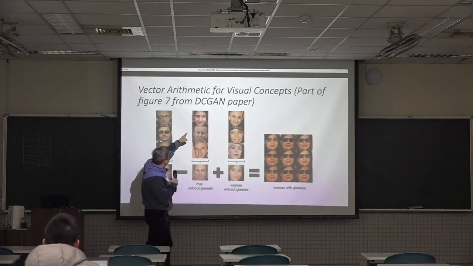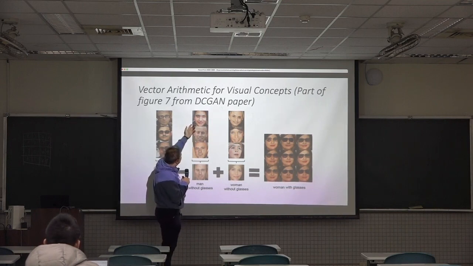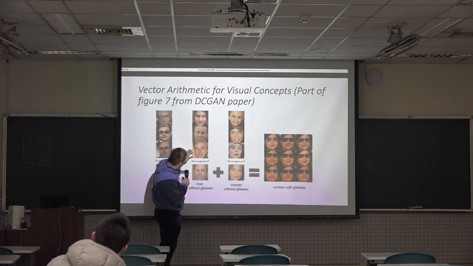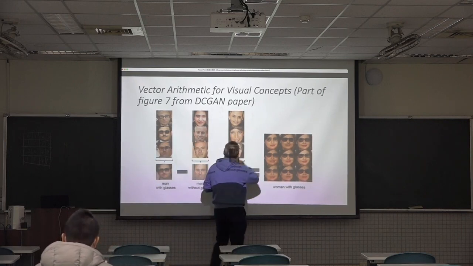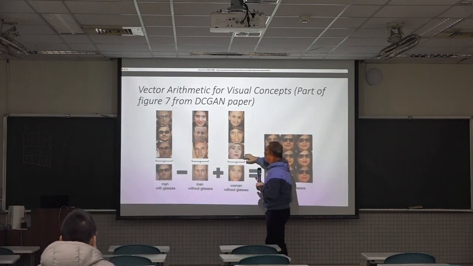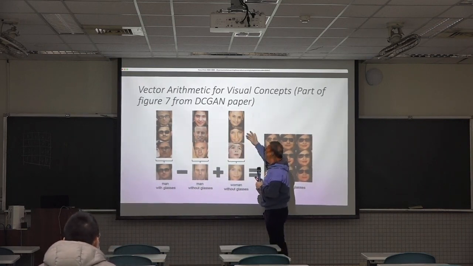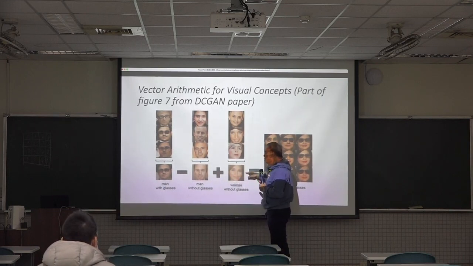And these three are male without glasses, and you average their codings and get a male without glasses. And these three are female without glasses, so you average their codings and generate an image. This will be a female without glasses.